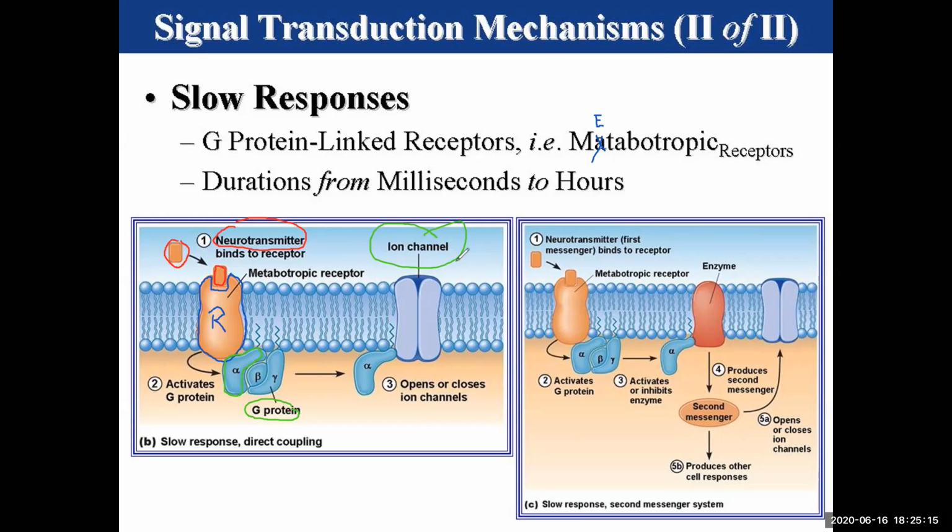So this ion channel has nothing to do with the G protein coupled receptor. So I keep saying couple. When I say linked here, G protein linked receptor, it is also called coupled. Right? G protein coupled receptors.